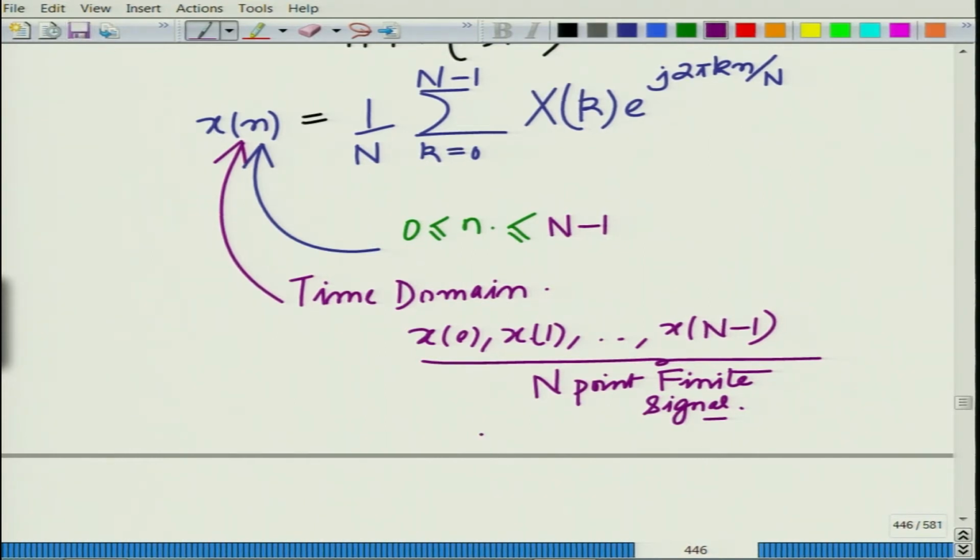So, that is essentially the summary. FFT takes the signal small x[0], small x[1], up to small x[N minus 1], and gives you the spectrum capital X[0], capital X[1], up to capital X[N minus 1]. You take the IFFT, which transforms back from the frequency domain and gives you back the sequence in the time domain, small x[0], small x[1], up to small x[N minus 1].